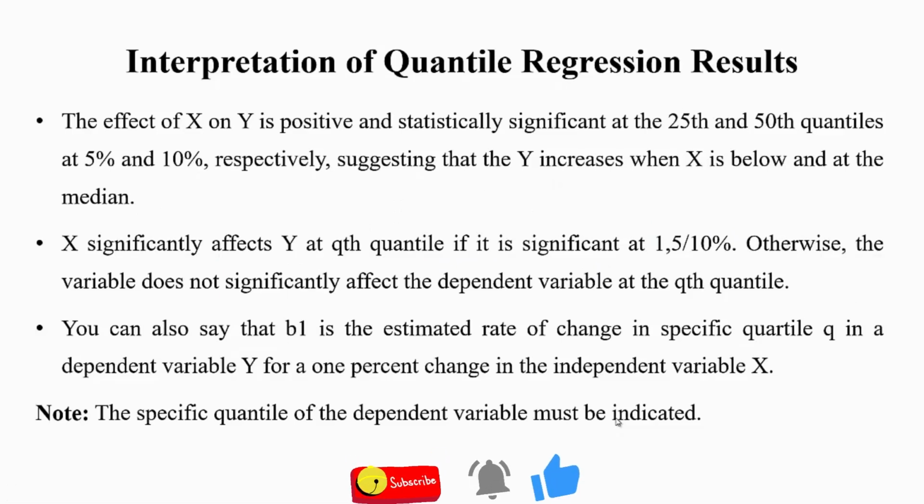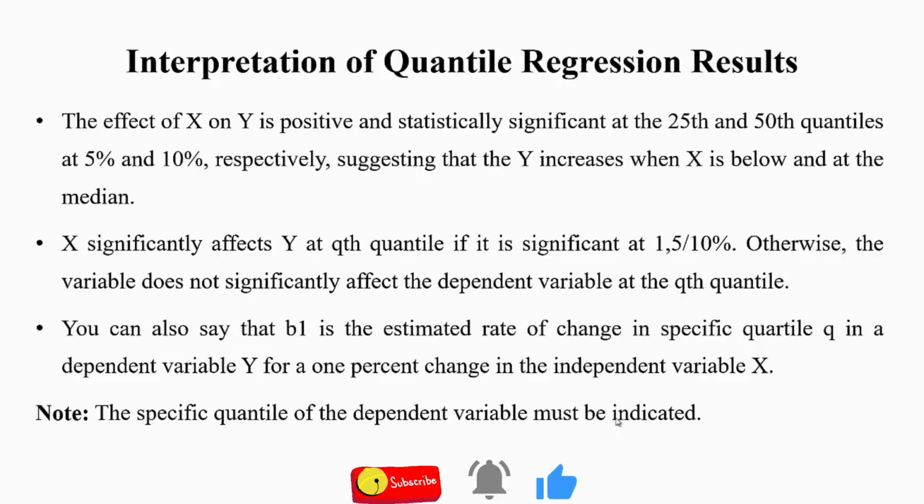In any quantile regression model, you will always have a dependent and an independent variable. Your independent variable may be one or more than one, but your dependent variable will always be one. And the relationship between your dependent and independent variable can either be positive or negative, significant or insignificant.